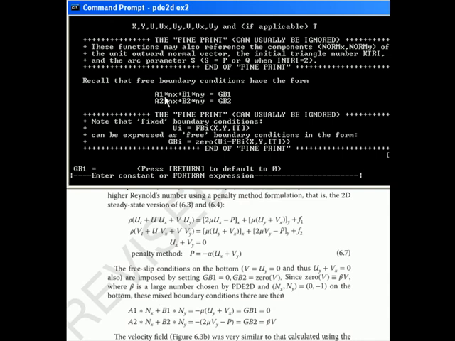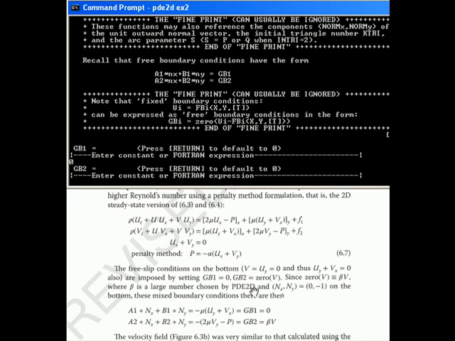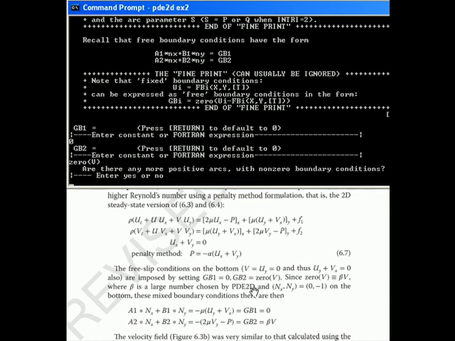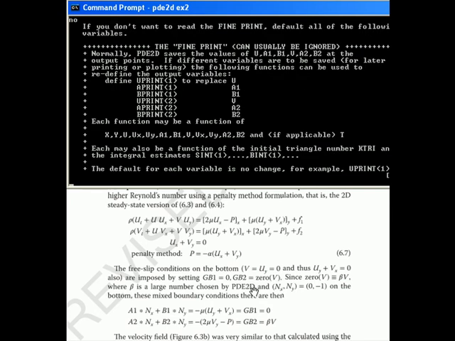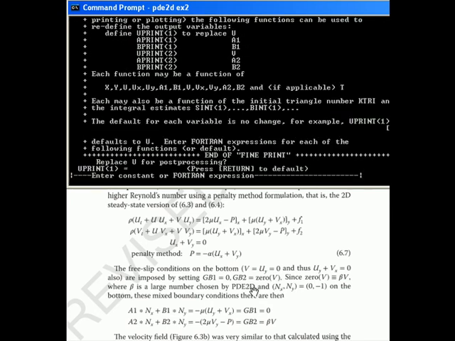This is the A1 nx plus b1 times ny is equal to gb1, and we showed you why gb1 needs to be 0. And gb2 needs to be a large number times v, or in PD2D, you can just say 0v, and basically that will be a large number times v, but the program will decide what reasonable large number is, so that saves you a little work there. That's the only free boundary.